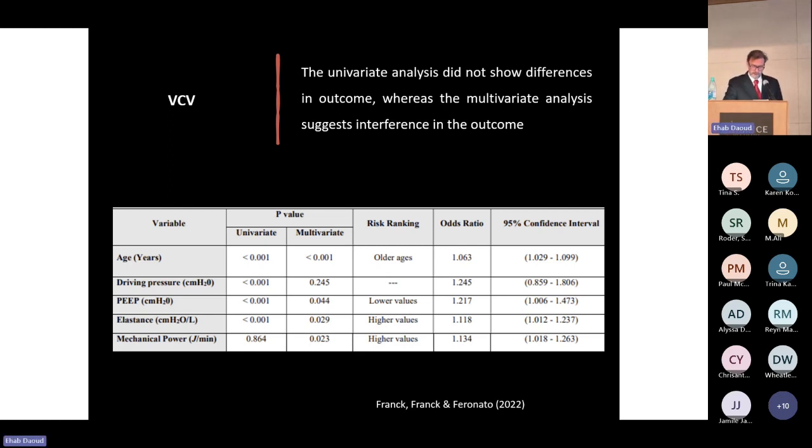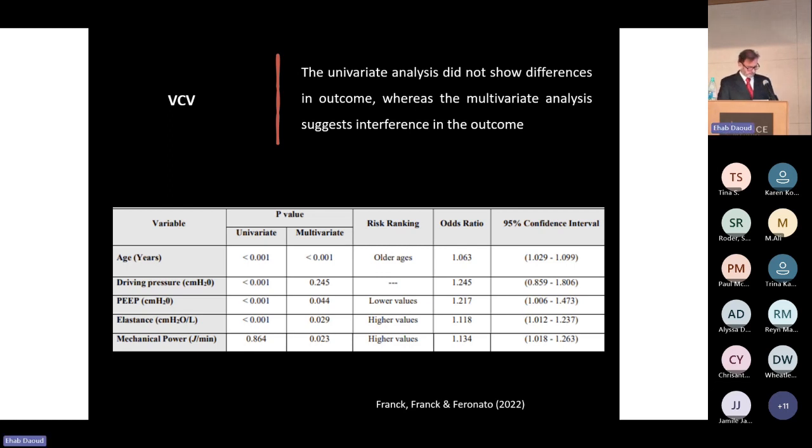Despite the high values, the univariate analysis did not show a difference in outcome, whereas the multivariate analysis suggests interference of mechanical power in the outcome, further estimating that for every additional unit in mechanical power, there is an increase of 13.4% in the mortality risk. As well for higher elastance and lower PEEP values.